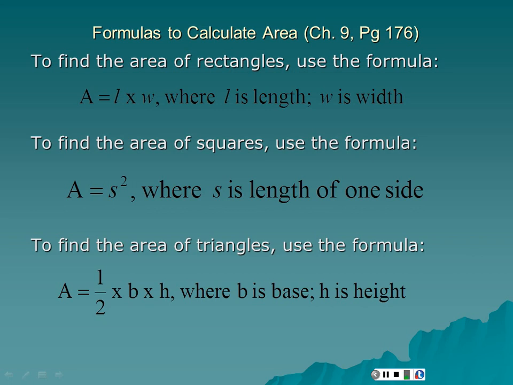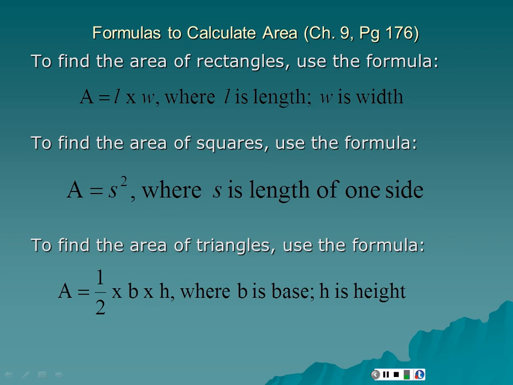Meaning they both have to be either meter, centimeter, feet, or inch. You cannot multiply 1 foot times 1 inch. You have to have either both in feet or both in inch. Same is true for all the area calculations. Make sure you have the same unit before you multiply. If not, then we'll do the conversion first and then multiply.